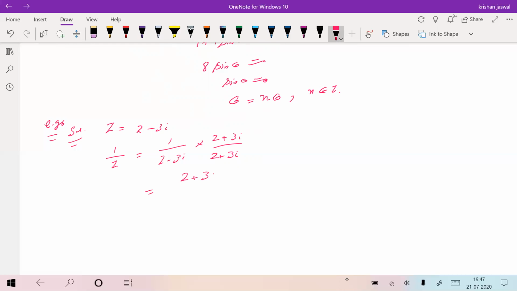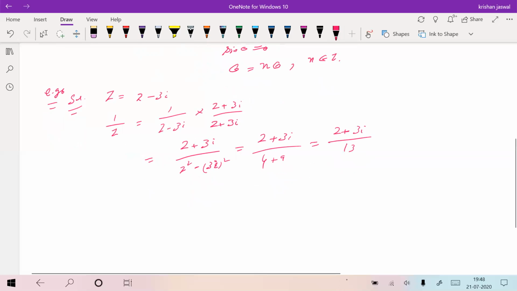That gives (2 plus 3 iota) over (2 square minus (3 iota) square), which is a square minus b square, equal to (2 plus 3 iota) over (4 minus 9 iota square), which is 4 plus 9, so (2 plus 3 iota) over 13, or 2 over 13 plus 3 over 13 iota. This is the multiplicative inverse of the given complex number.